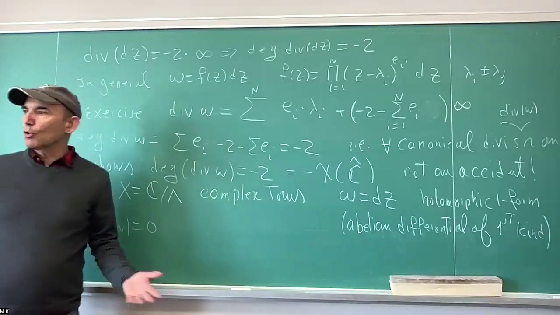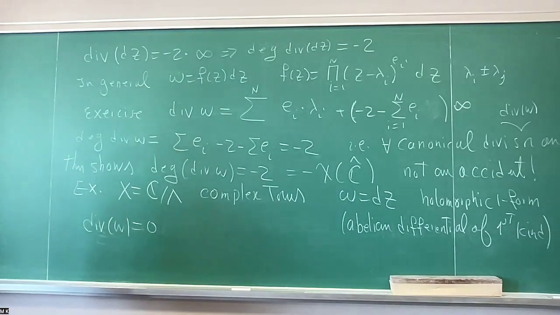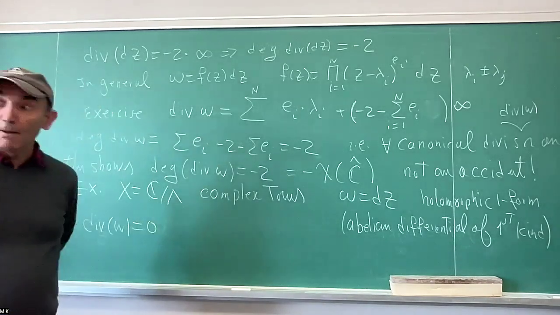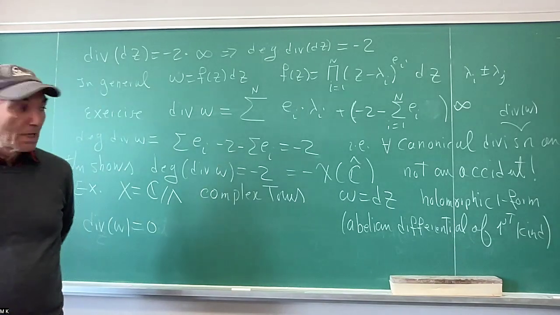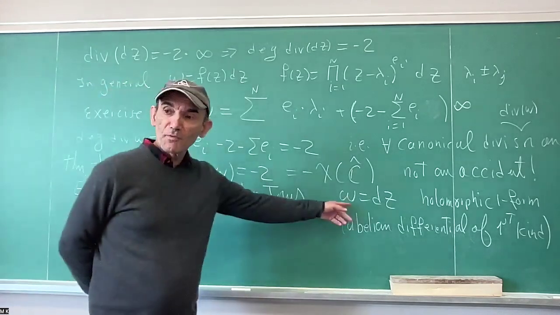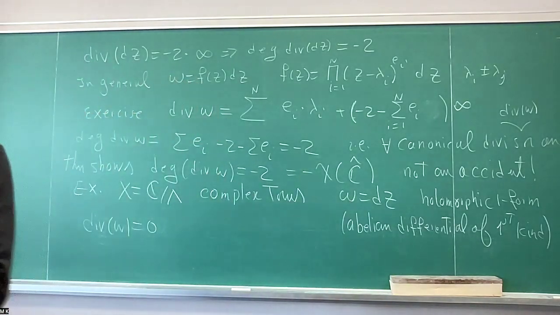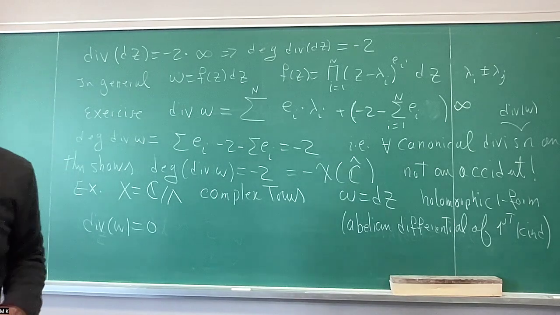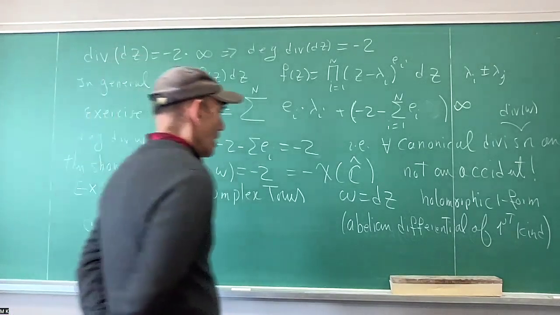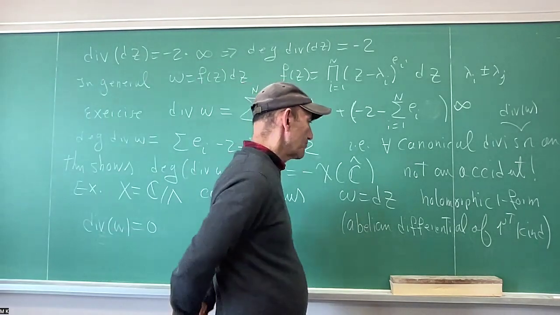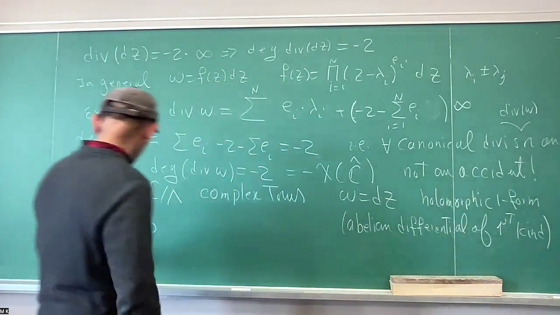There are no zeros, no poles. This is smooth everywhere on the torus. What's an abelian differential? It is something like this. An abelian differential is a holomorphic one form on a Riemann surface. This is called the abelian differential in old terminology, in honor of Abel. So this is an abelian differential of first kind.